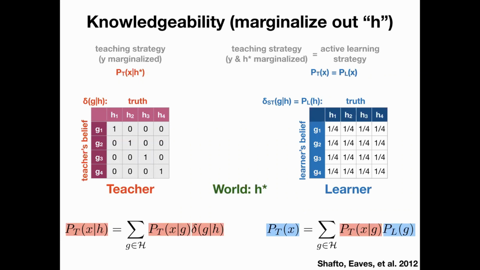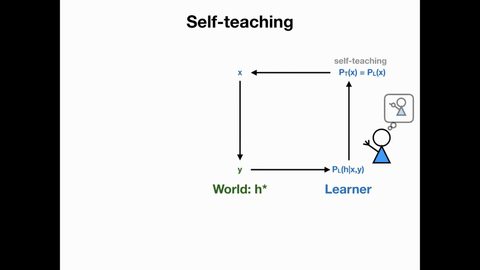Note that this teaching strategy, P sub T of X, which depends on only X, is in every way a valid active learning strategy. To reiterate, this new active learning strategy is based on imagining a teacher who is only as knowledgeable as himself, or equivalently, imagining oneself as a teacher who selects interventions.